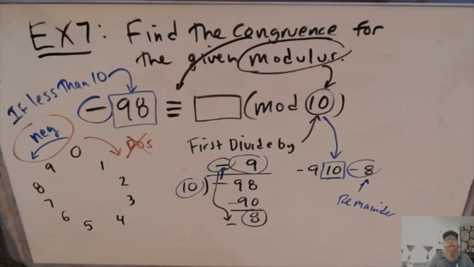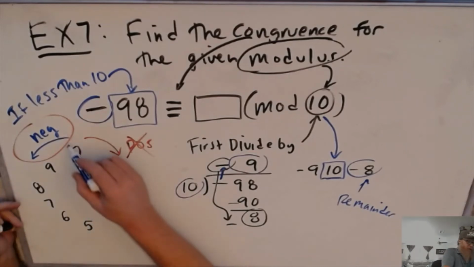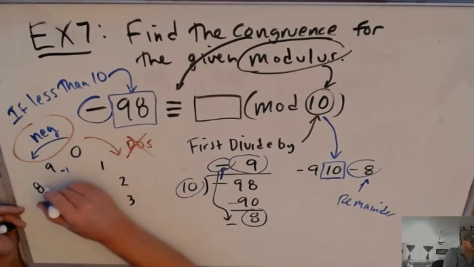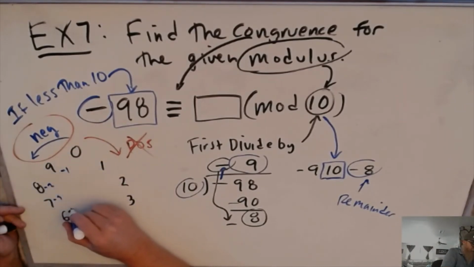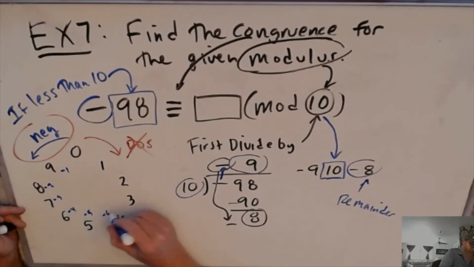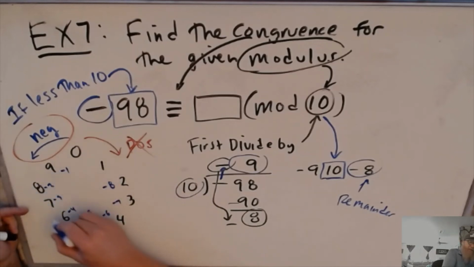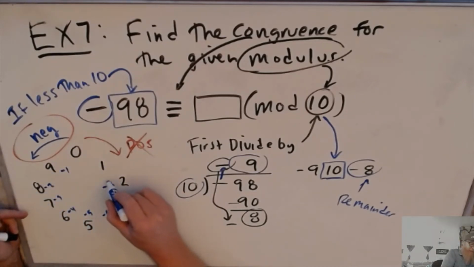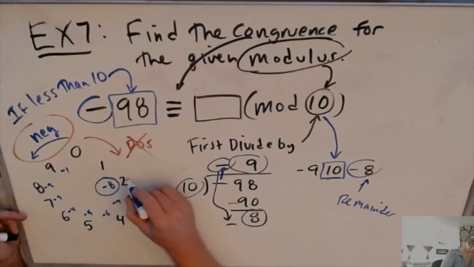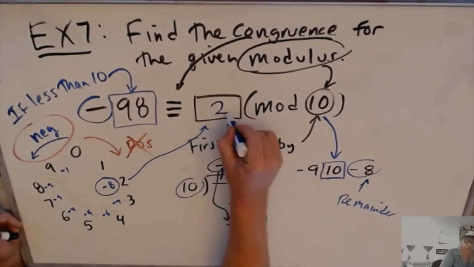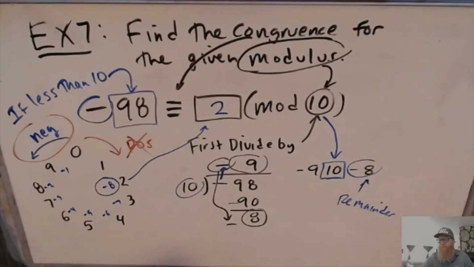Okay. So we're going to go negative 1, negative 2, negative 3, negative 4, negative 5, negative 6, negative 7, negative 8. So we're going around counterclockwise until we get to negative 8. And so that tells me the answer is 2.